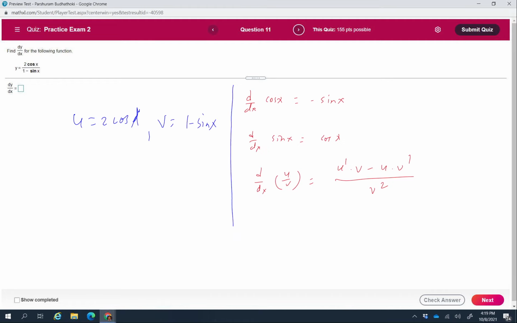So u prime is negative 2 sine x, and v prime is negative cosine x, because the derivative of 1 is 0 and the derivative of sine x is cosine x. So just use u, v, u prime, v prime in this formula and you will be able to answer this question.